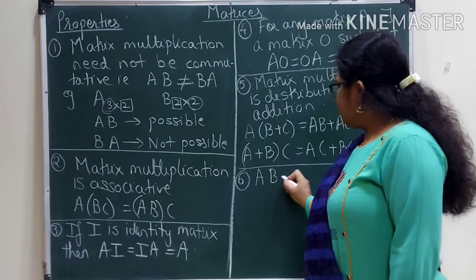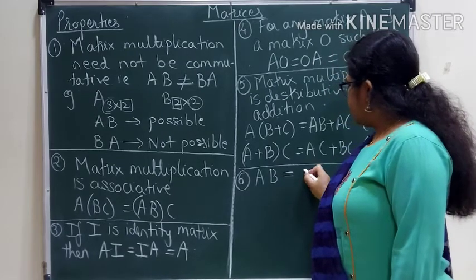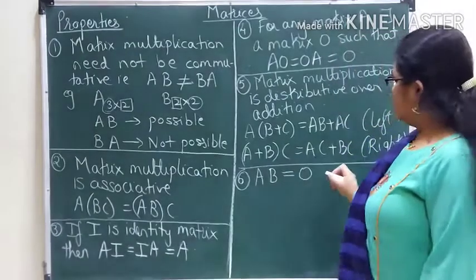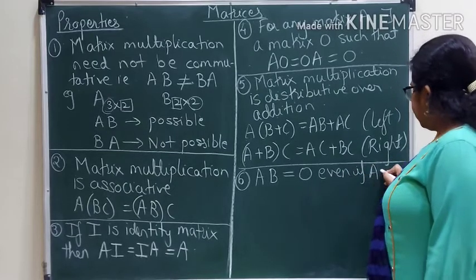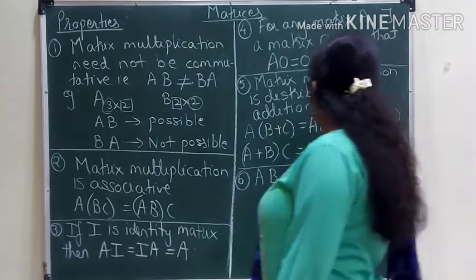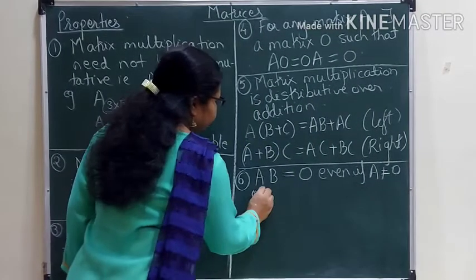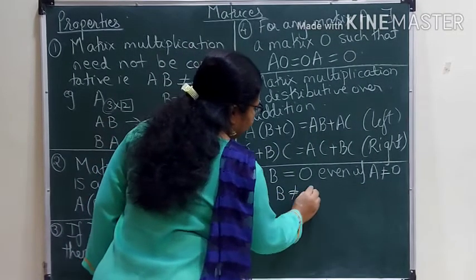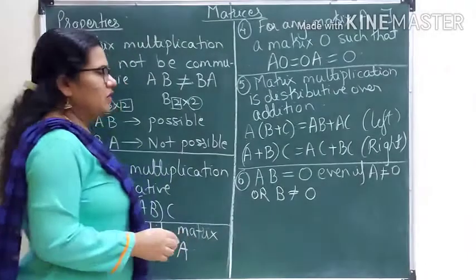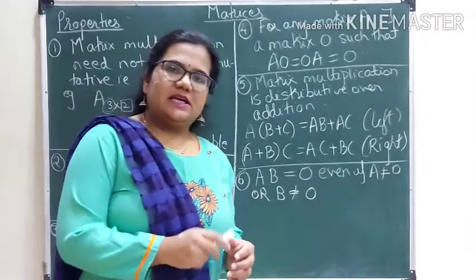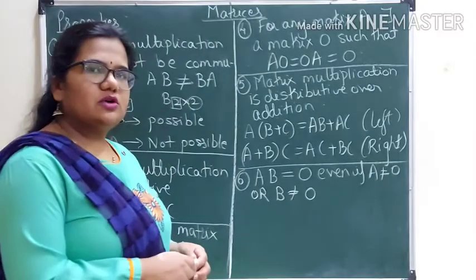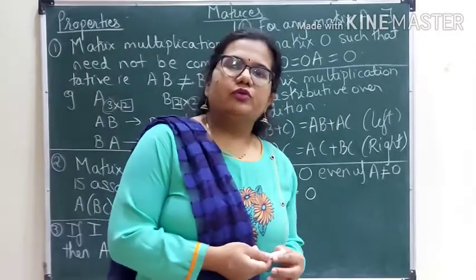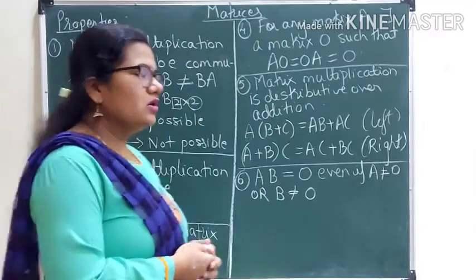Now next is A into B can be equal to 0 even if A not equal to 0 or B not equal to 0. So even if your matrix A is not equal to 0 and your matrix B is not equal to 0, still the product of two matrices can be equal to 0.